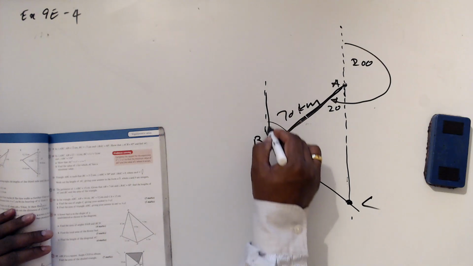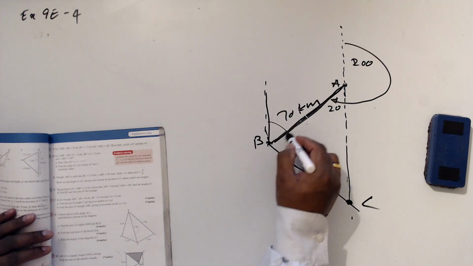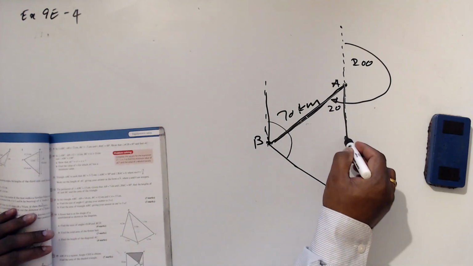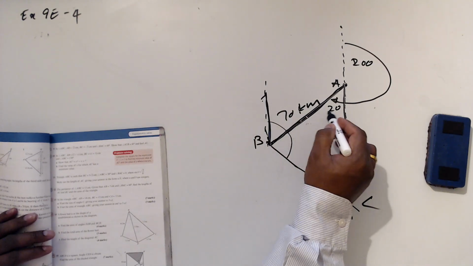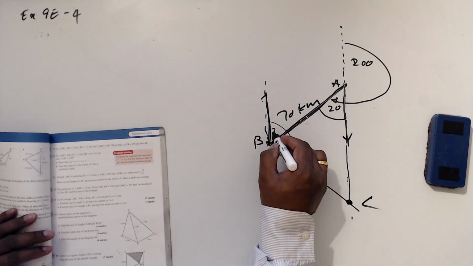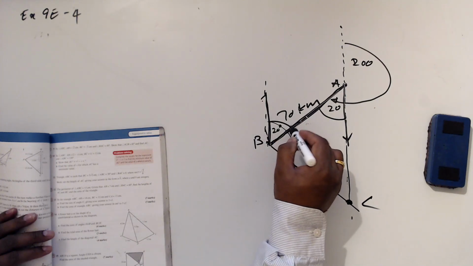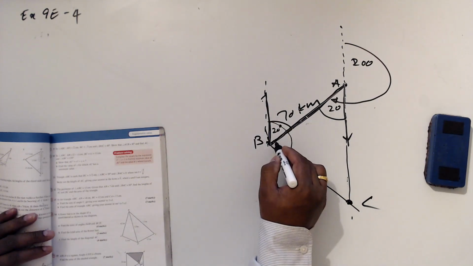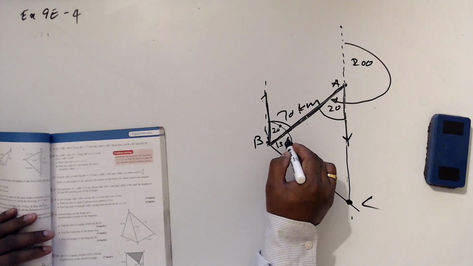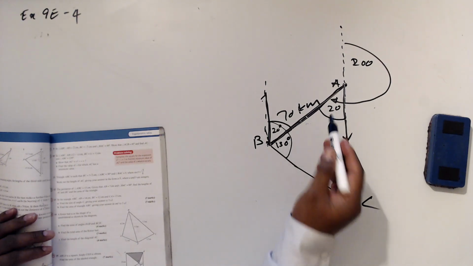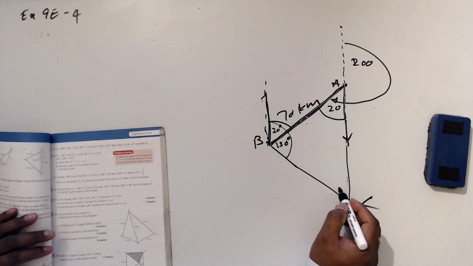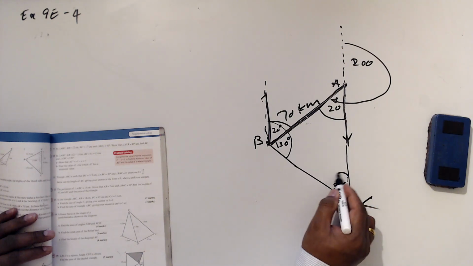I can see this is going to be an alternate angle, Z angle. If this is 20, this is 20. All 150, then what is this one? 130. Then 130 plus 20 is 150, and this is going to be 30.